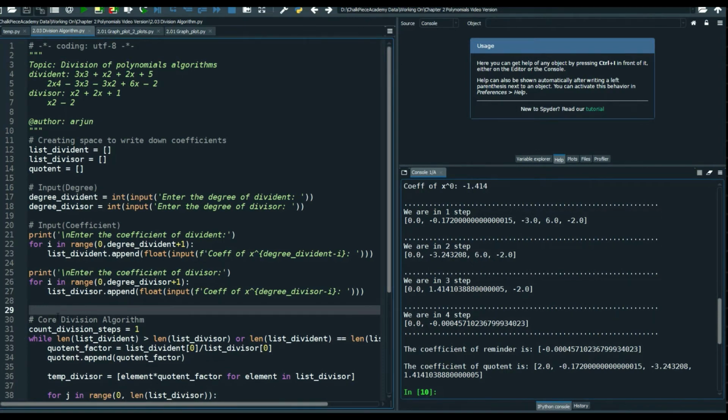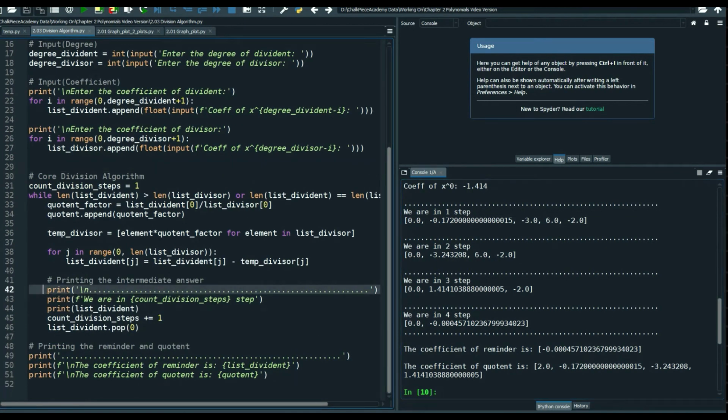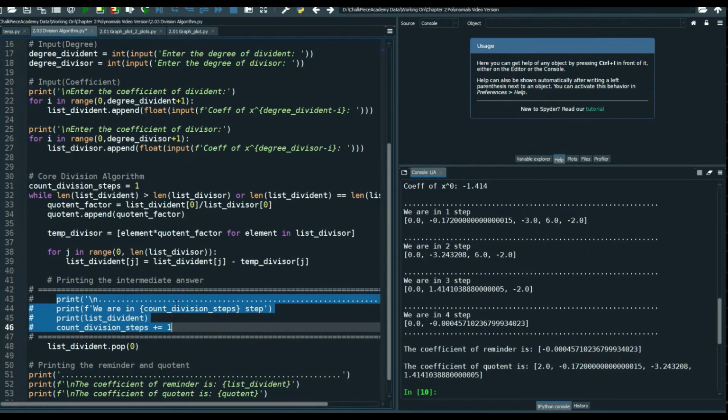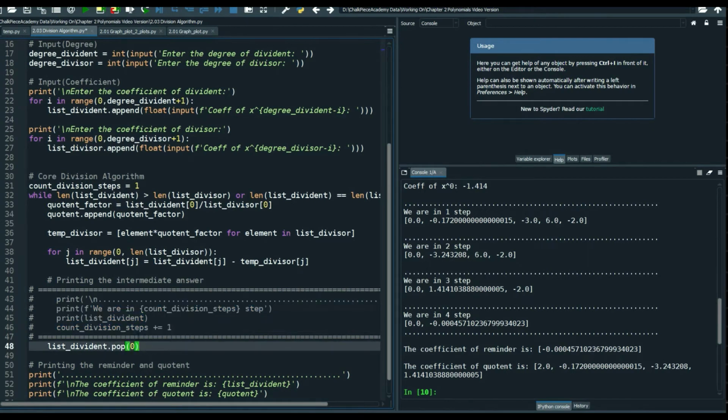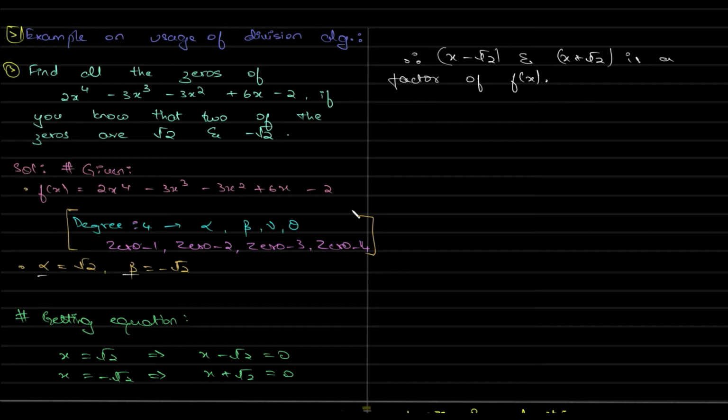Let me block this off. We'll come back. Now the next step, once we find that these two can divide f of x with remainder 0, is getting a new divisor.